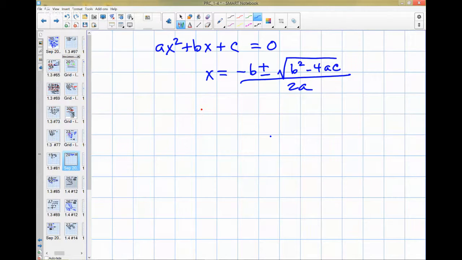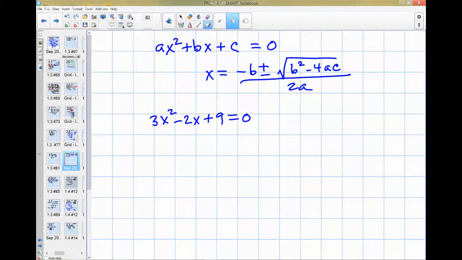Now, tomorrow we're going to show you where that formula comes from. And guess what? We're going to use completing the square. But right now, I want to just practice. So I'm going to make up an equation: 3x squared minus 2x plus 9 equals 0.